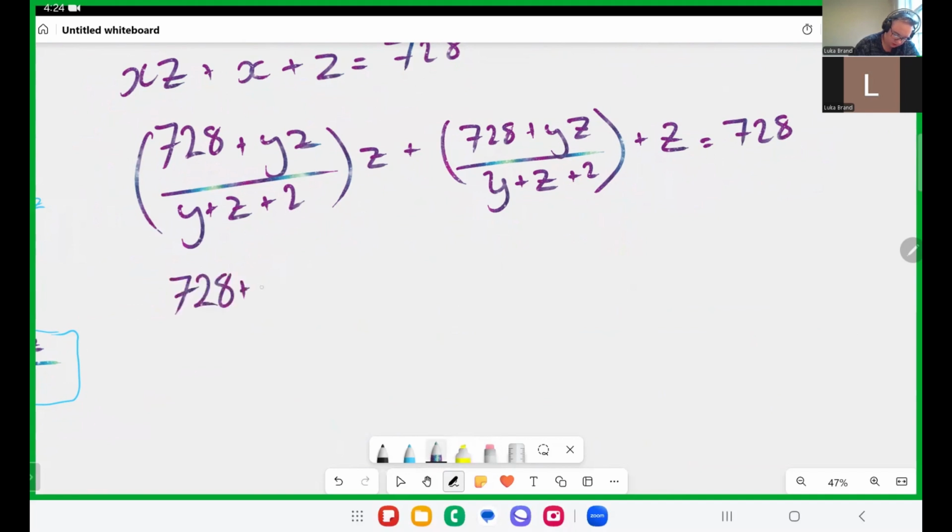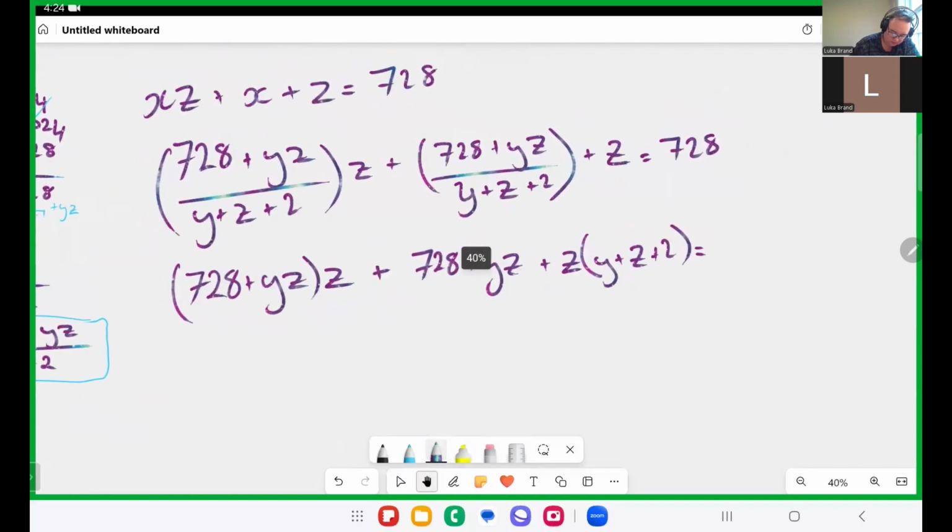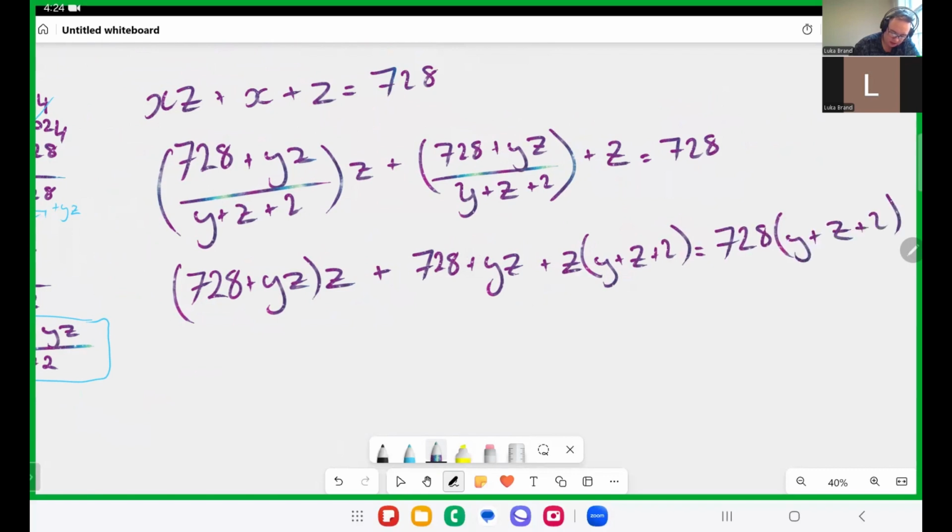728 plus yz times z, we'll multiply that out in a second, plus 728 plus yz plus z equals, oh, hang on, y plus z plus 2 equals 728 times y plus z plus 2. Nearly forgot it here, and that would have thrown everything off.